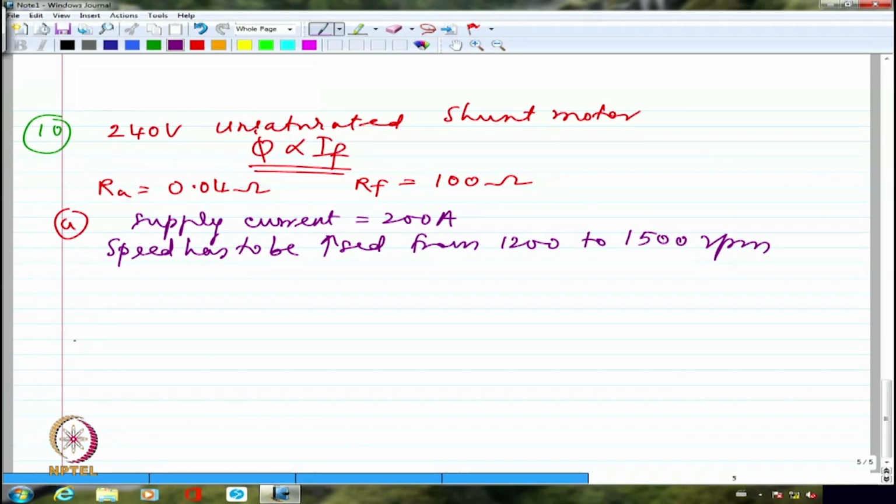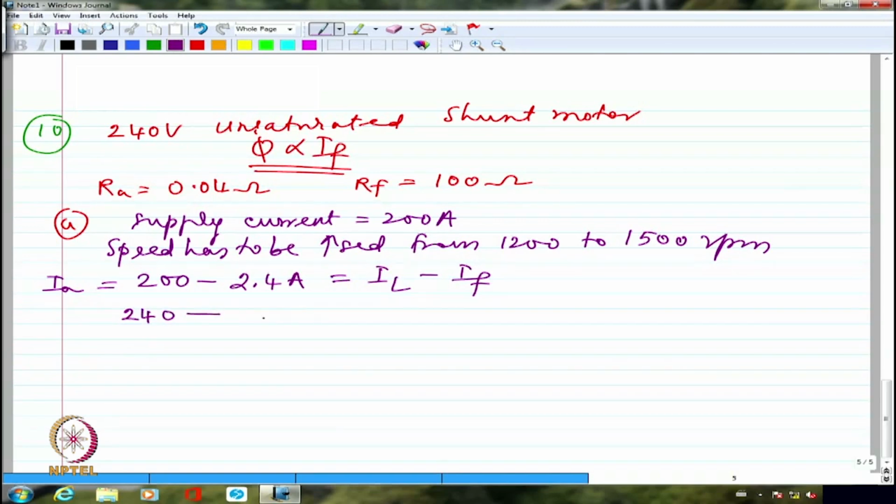So I should be able to say, first of all, 200 minus IF. IF is 240 divided by 100, which is 2.4 ampere. Right? So this is essentially IA, which is actually IL minus IF. This is what is my IA. And I can calculate definitely under this condition what is the back EMF. 240 minus 0.04 multiplied by, how much was it? 197.6.